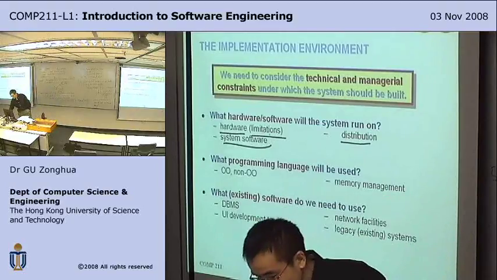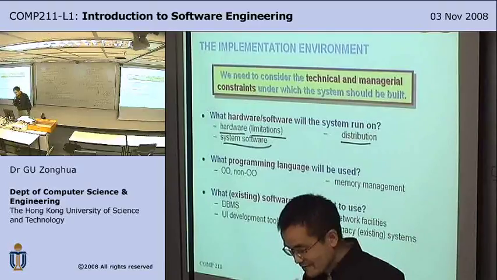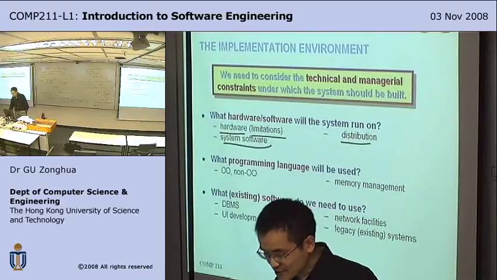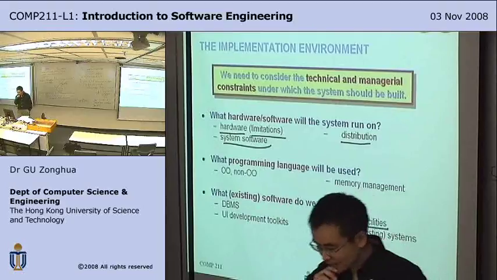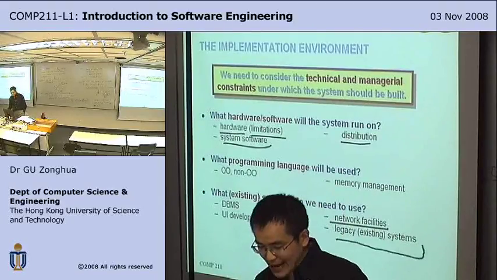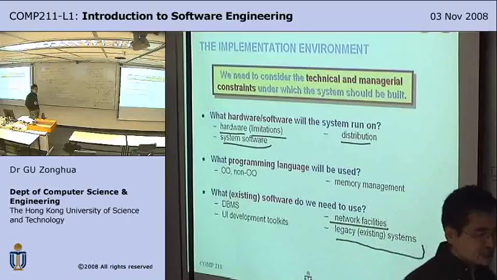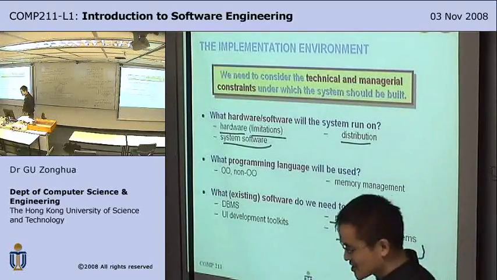And UI development toolkits: we have the Microsoft toolkits for dialog box development. Network facilities: we have TCP/IP built into the operating system. And legacy systems: perhaps you can reuse part of the legacy system so that you don't have to duplicate the functionality.